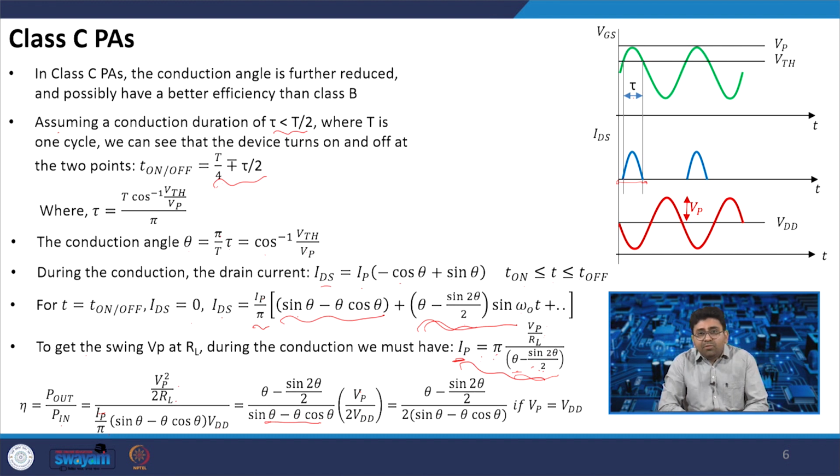Here if Vp is equal to VDD, then the efficiency depends upon the conduction angle theta. Now the conduction angle theta depends upon V threshold by V peak, that is, at what period of time it is switching on, and based on that we can define the efficiency.